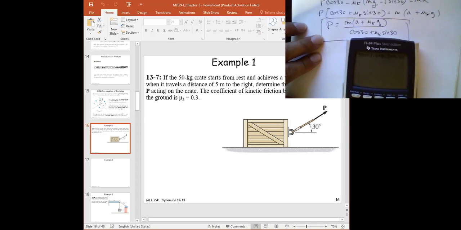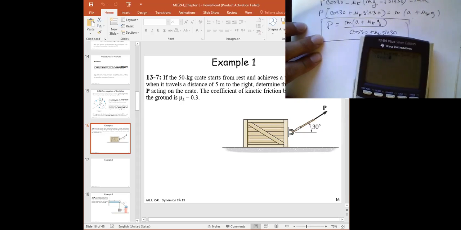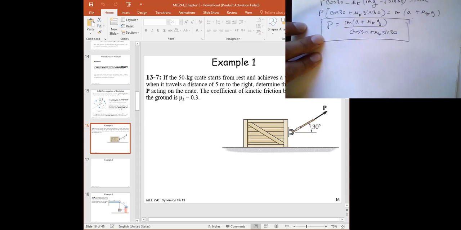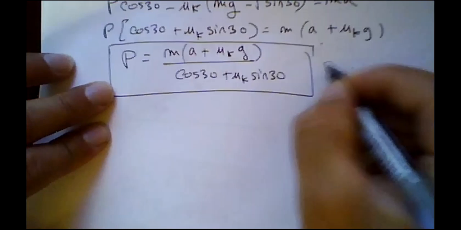The whole thing is divided by cosine 30 plus 0.3 times sine 30. Okay, it will be 223.4, so 223.4 Newton.